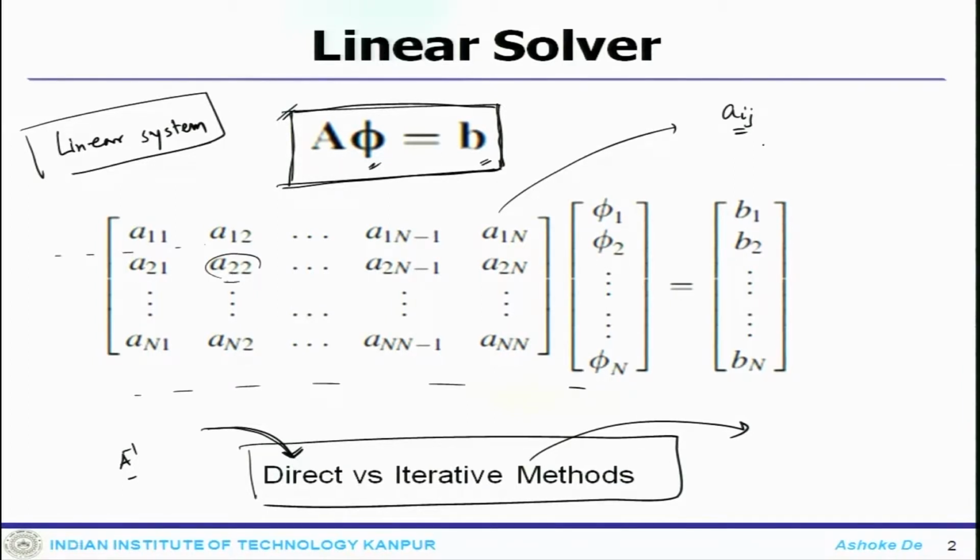Any of these A ij is nothing but a measure of the strength of phi, because that is multiplied with the corresponding element of the variable. Every row represents an equation defined over one element in the computational domain, and the non-zero coefficients of this are going to get you the solution for that system.